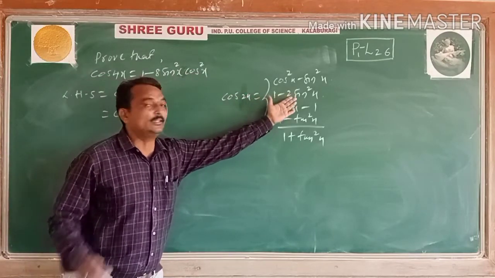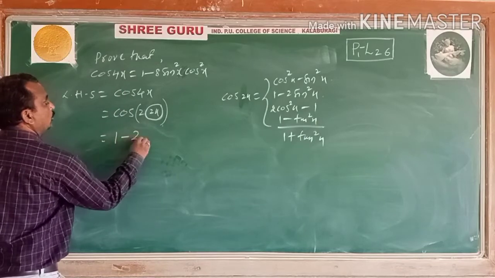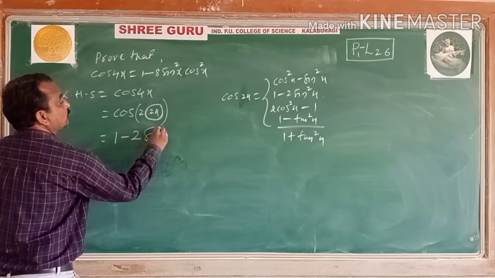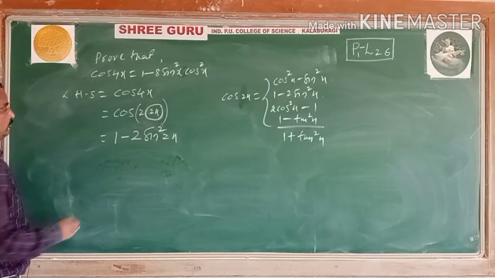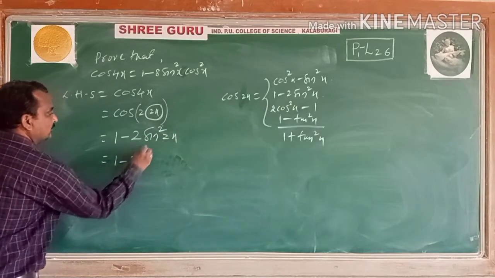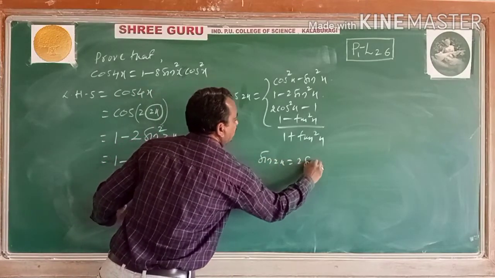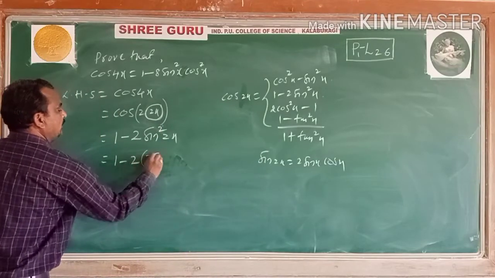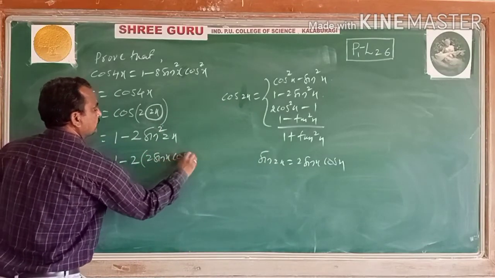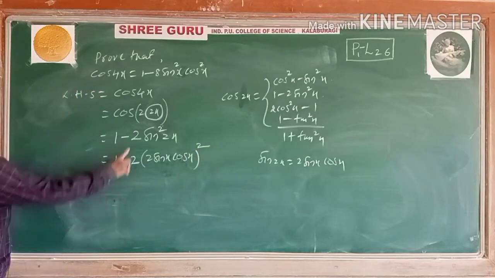Shall I write this as 1 minus 2 times sin square of x, where x is now 2x: 1 minus 2 sin square of 2x. The 1 minus 2 stays as it is. Sin 2x is 2 sin x into cos x, and the whole square stays as it is.